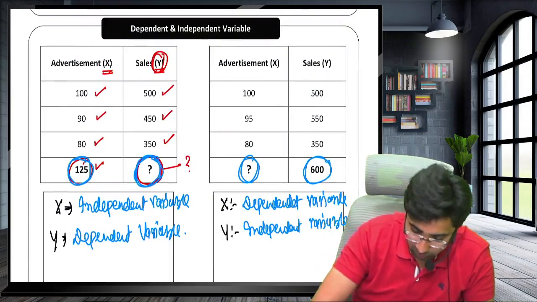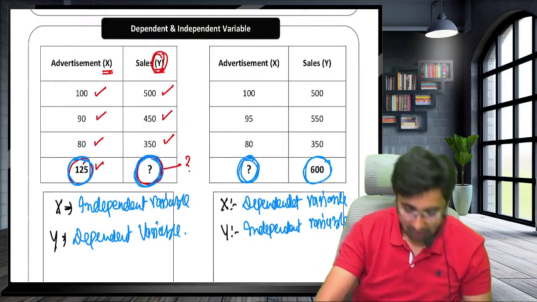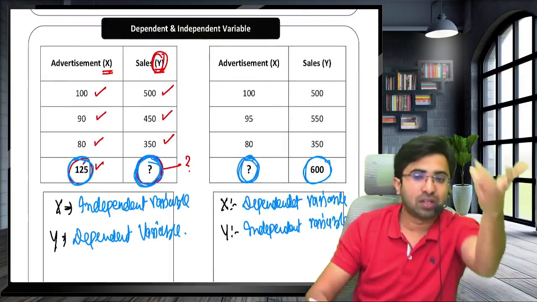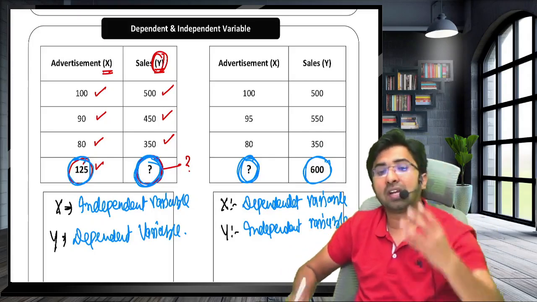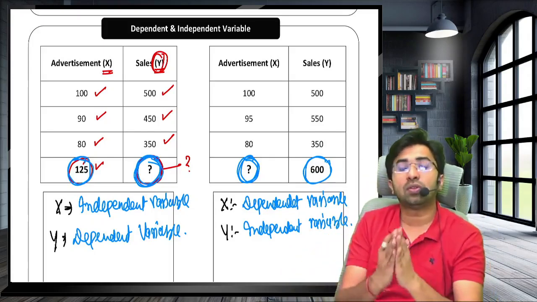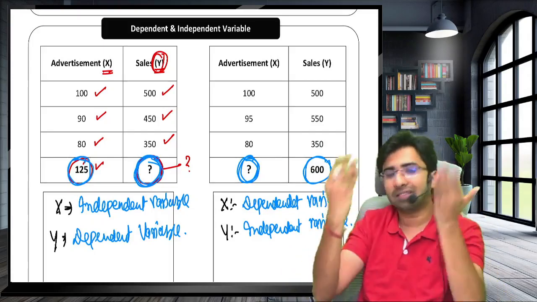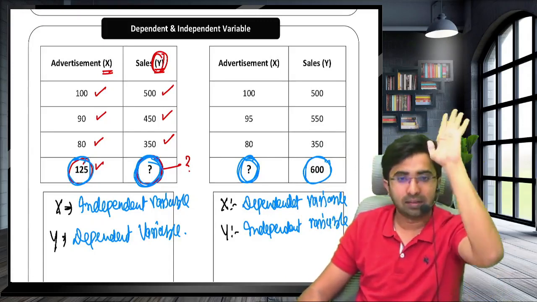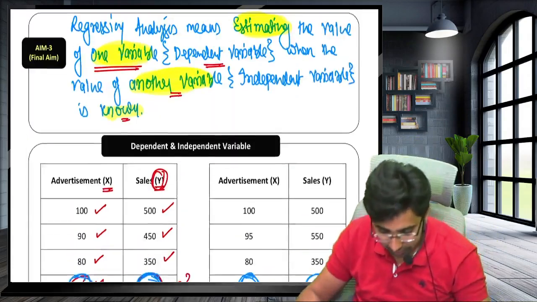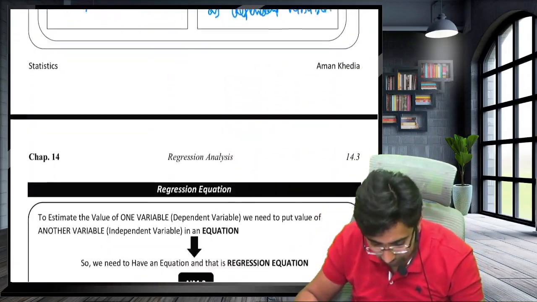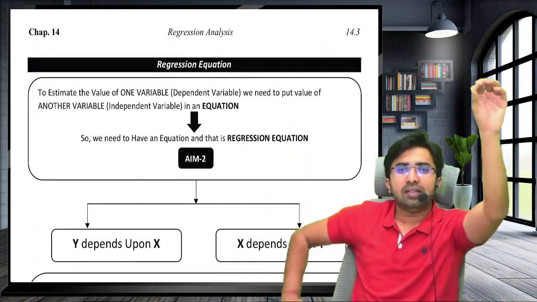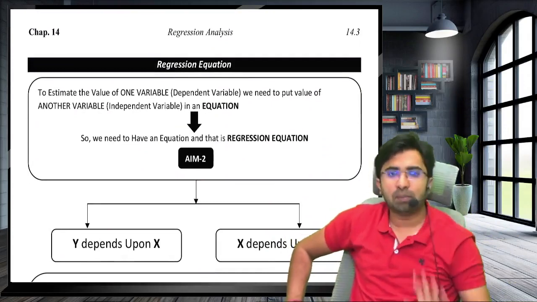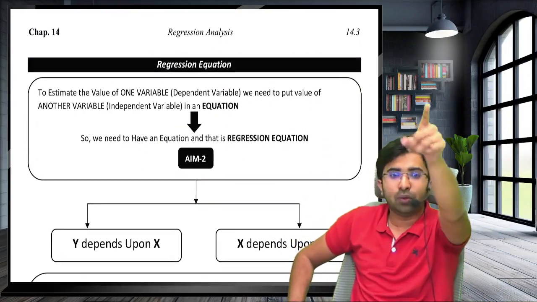Since I need to calculate x, x is dependent. Here I need to calculate y, here y is dependent. The variable whose value we are required to calculate, whose value is not identified to us, that is dependent. And the variable whose value is already known to us, that is independent. Guys, till now we have just studied the definition. Now, can I say, sir, you cannot achieve your aim number 3 unless you have achieved your aim number 2?